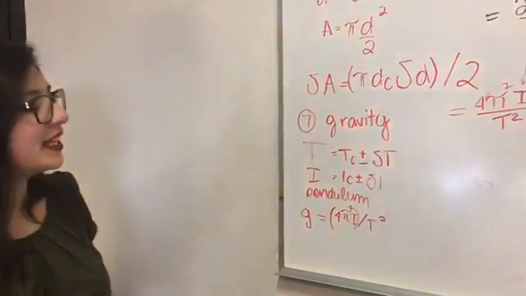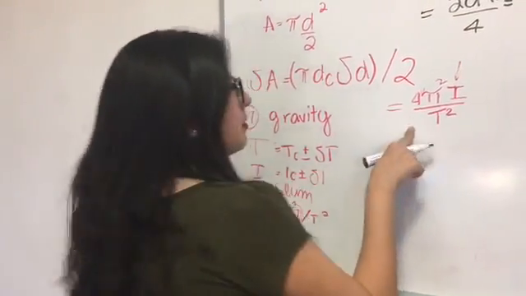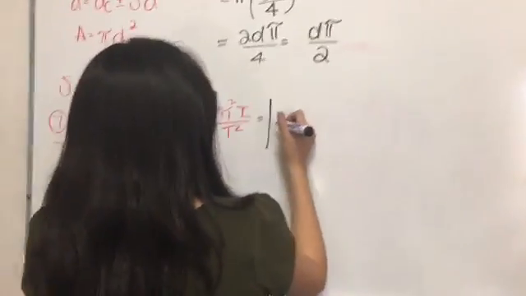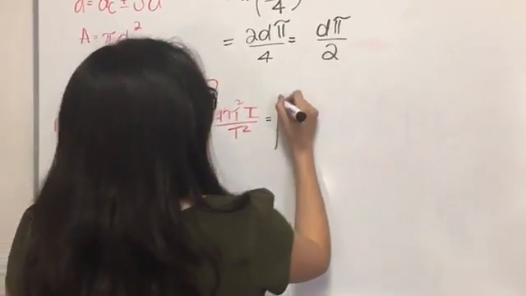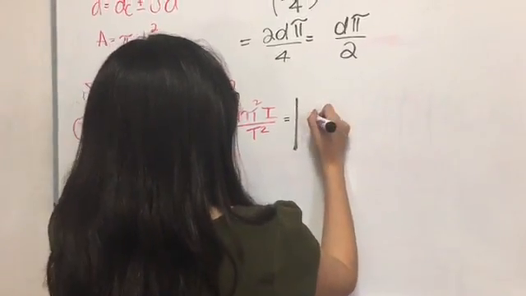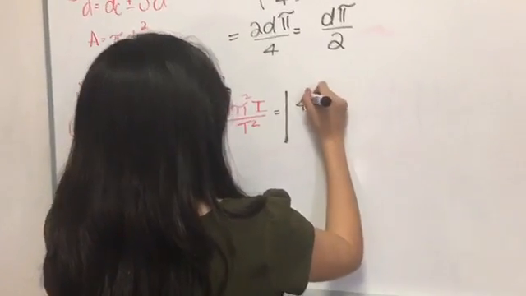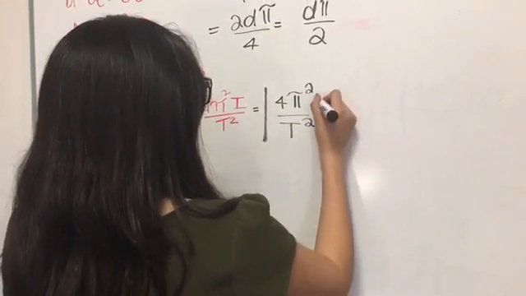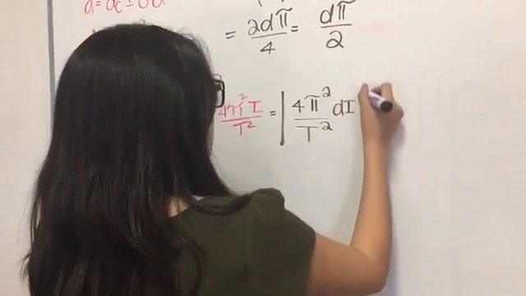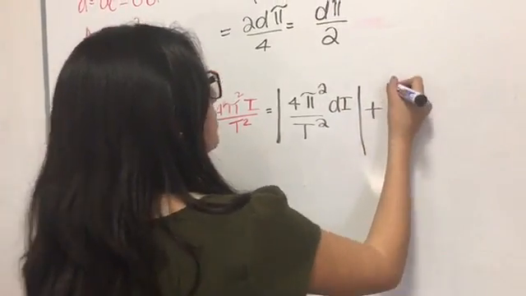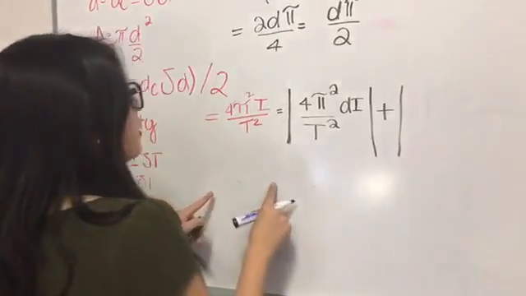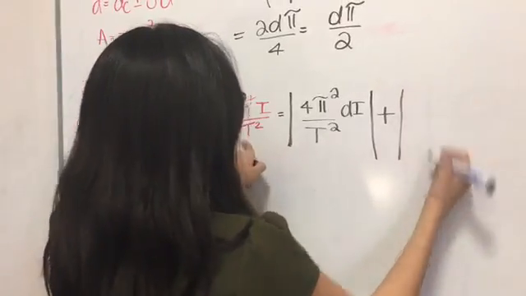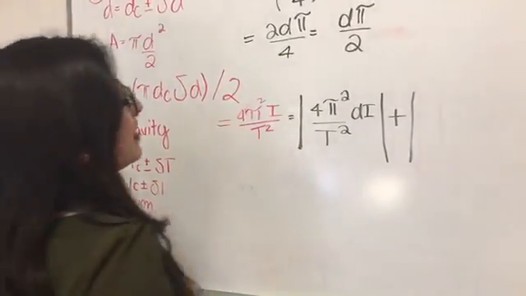In number 7 we have to find the partial derivatives of this equation here. So what we're going to do first is find the absolute value of the derivative with respect to this, n, plus the absolute value of the derivative with respect to the t.